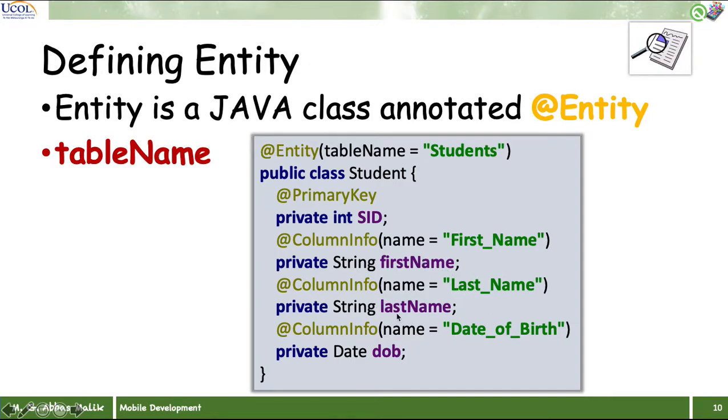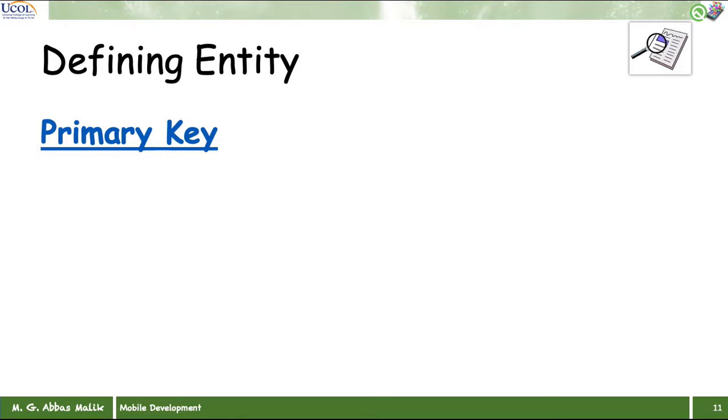The same thing is for the last name and the date of birth. So we have defined four different columns within our table, which will be our students, but inside our Java code we will be representing each and every record as a Student class object, not as students. So this is the first thing about the entity.